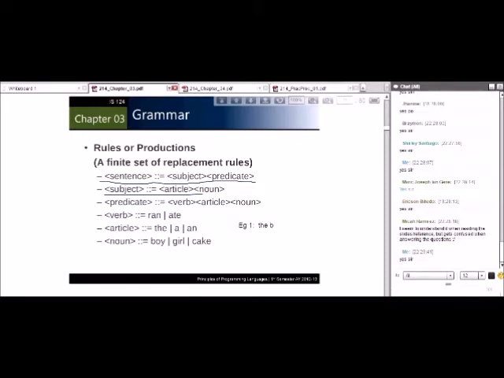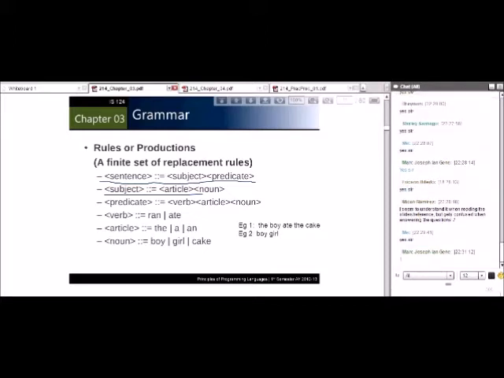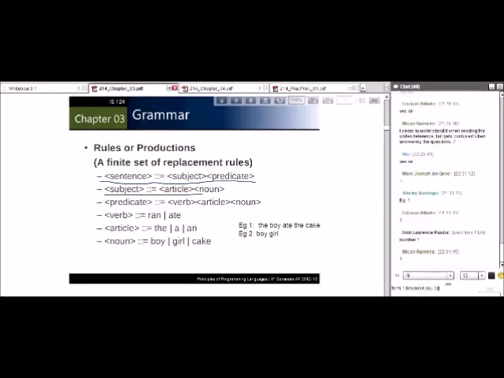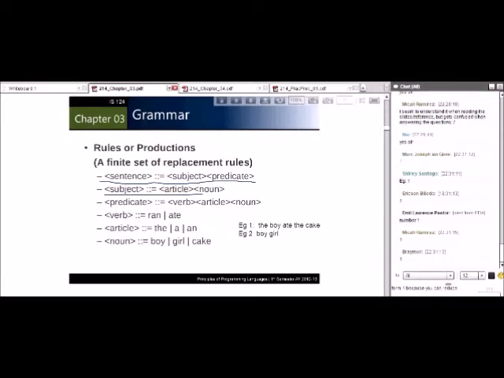Say, the boy ate cake. Another example, say, boy, girl. Okay. So sa unang tingin, which of these two forms valid syntax of the English language?